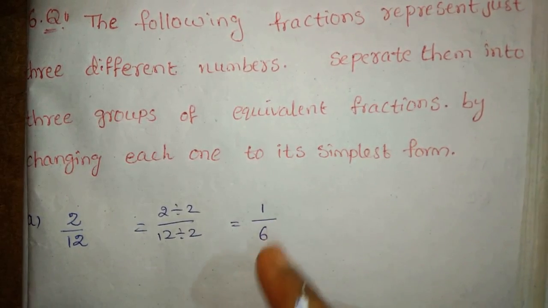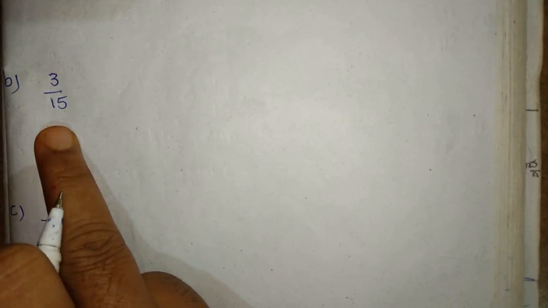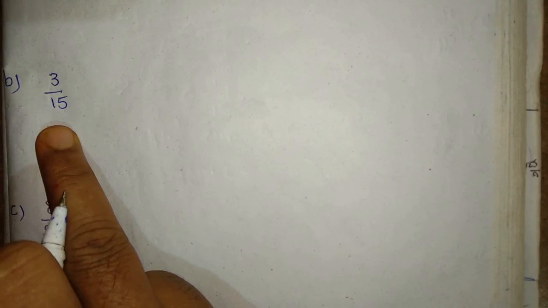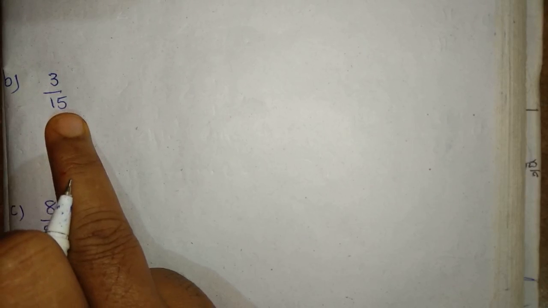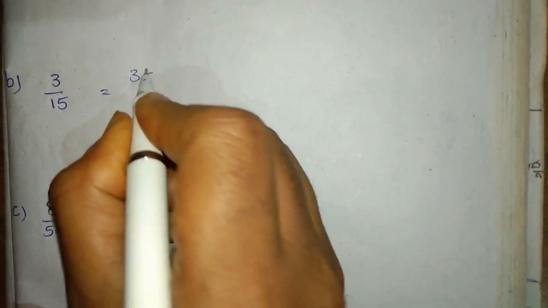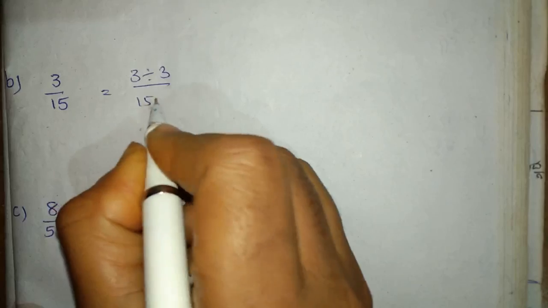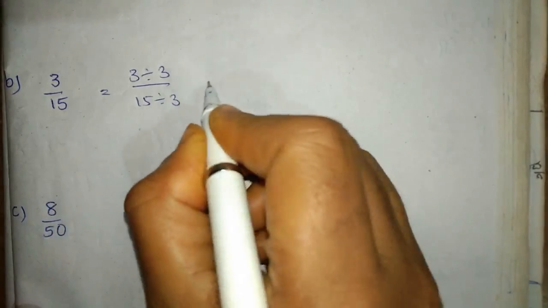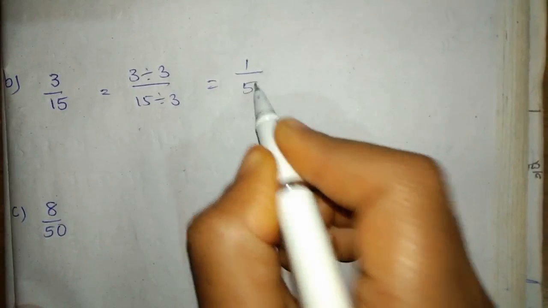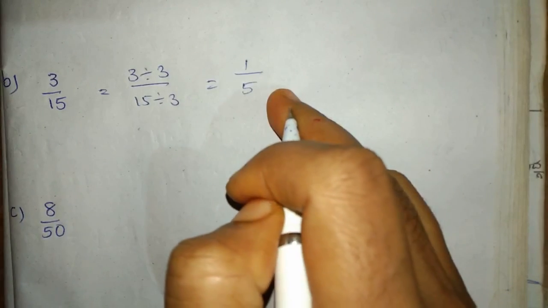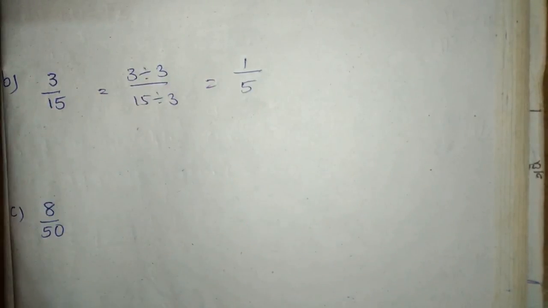We get 1 by 6. Next, 3 by 15. If you write the equivalent fraction of 3 by 15, we divide both the numerator and denominator by 3. 3 divided by 3, 15 divided by 3. Then we get 3 by 3 is 1, 15 by 3 is 5. We get 1 by 5 from this.